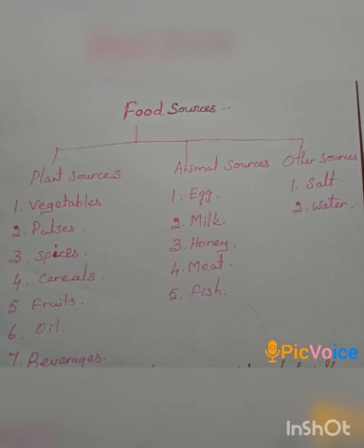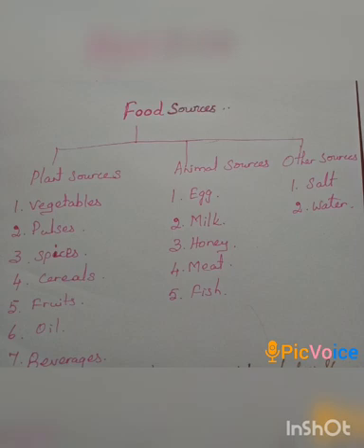Most oils are obtained by crushing the seeds or the dried fruits of plants. For example, coconut, mustard, sunflower, soya bean and olive oil.